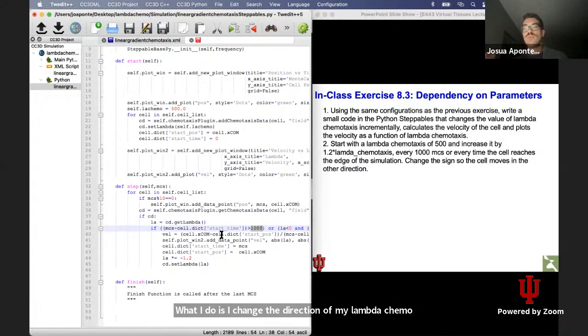So my cell will go in one direction until it reaches the edge or 1,000 Monte Carlo steps pass, and then it will switch direction until the condition is met again. And then it will keep doing it. And then I will record the velocity of my cell as I increase the lambda chemotaxis.